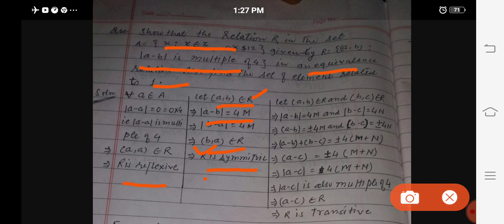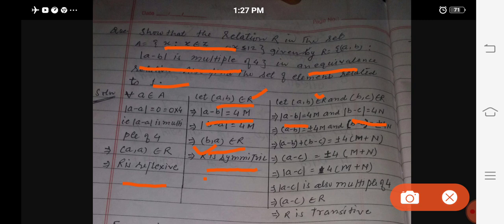Now come to the last part of the question. Here we take two ordered pairs (a, b) and (b, c) belonging to R. Now (a, b) belongs to R means mod of a minus b equals 4 times m, and mod of b minus c also equals 4 times n. Means mod of a minus b is a multiple of 4 and mod of b minus c is also a multiple of 4.